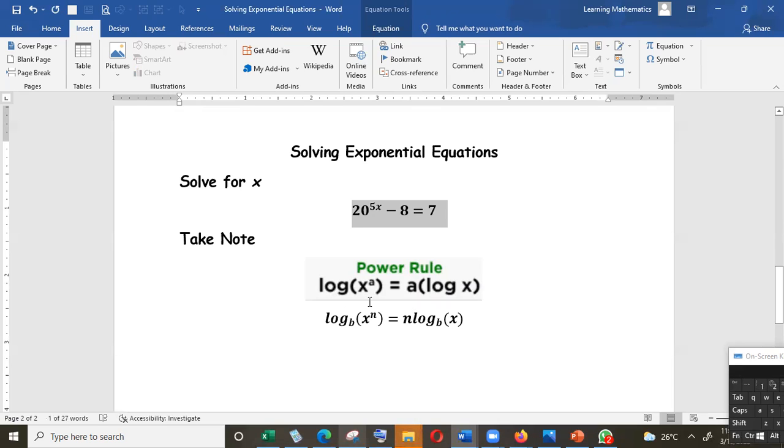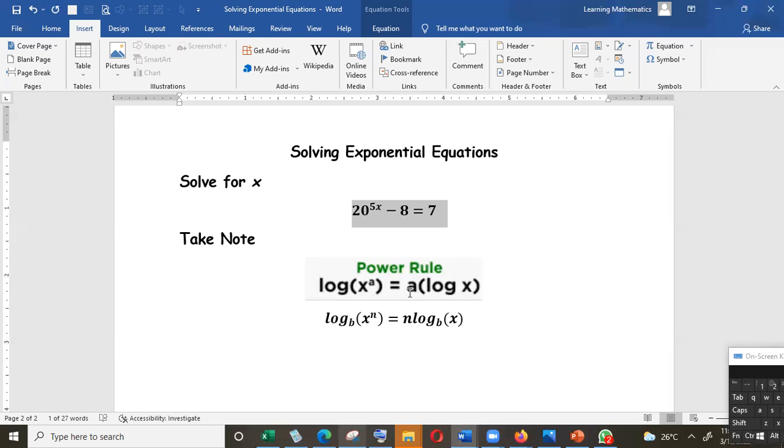It states that whenever you find the logarithm of a value, and that value is raised to a certain exponent, then this is the same as that exponent multiplying the logarithm of that value.